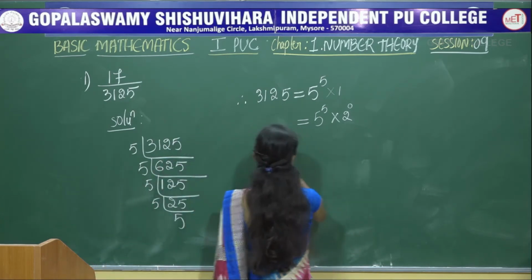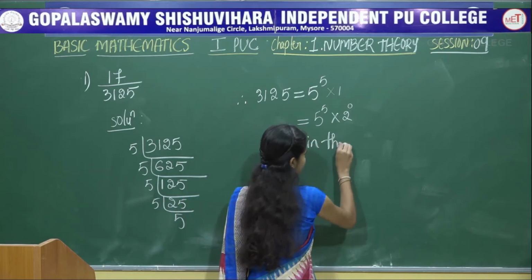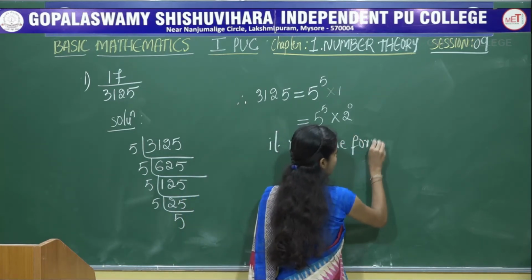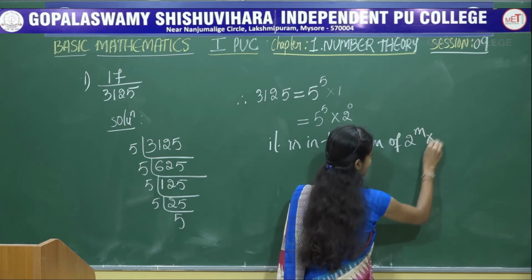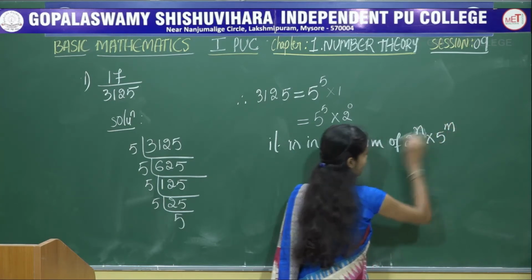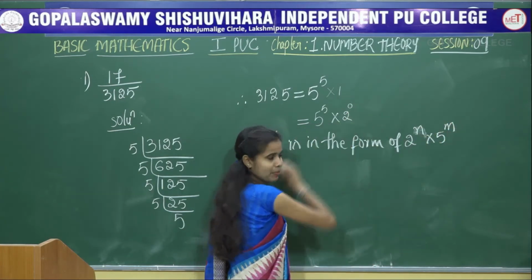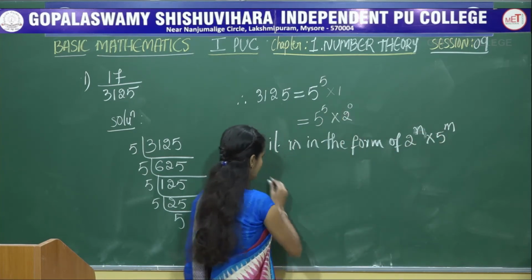So it is in the form of 2 to the power of n into 5 to the power of m, where n is 0 and m is 5.